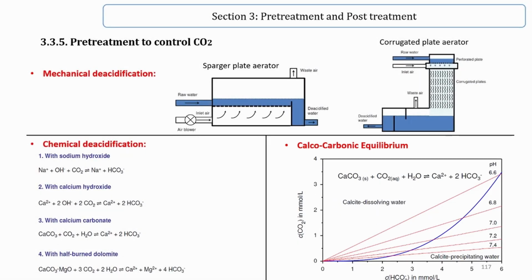In groundwater, as a result of biodegradation of organic material in the soil, the concentration of dissolved carbon dioxide in seepage and groundwater is often higher than the equilibrium concentration related to the calcocarbonic equilibrium.